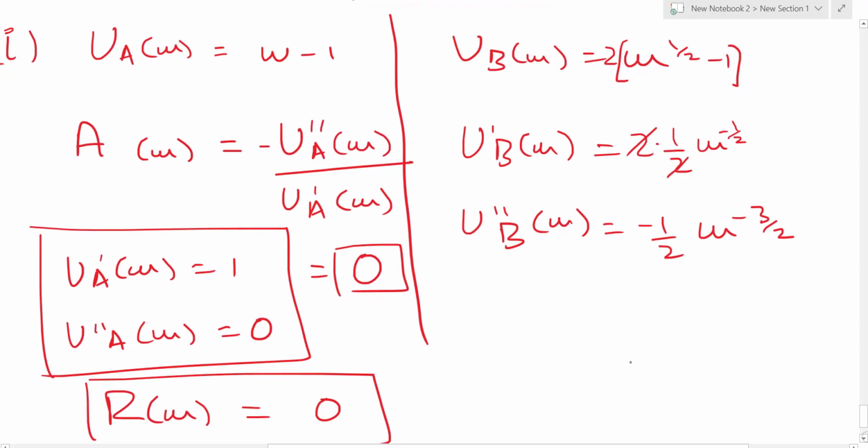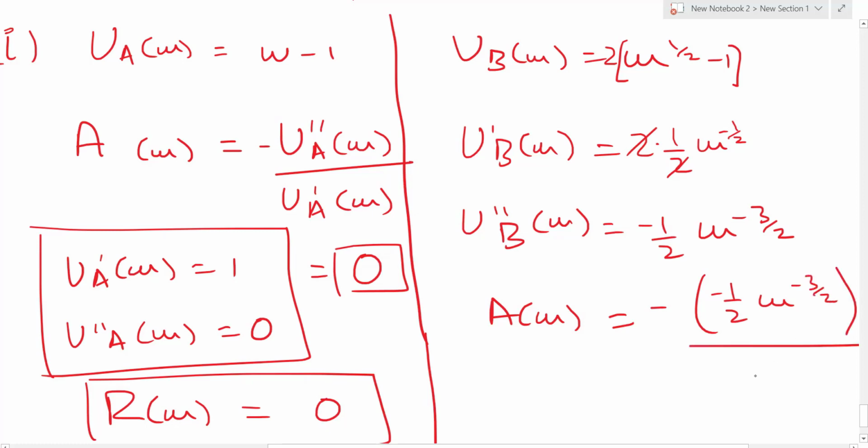So if you calculate A of W, absolute risk aversion in this case, it would be the negative of minus half W to the power of minus 3 by 2 divided by W to the power of minus half.